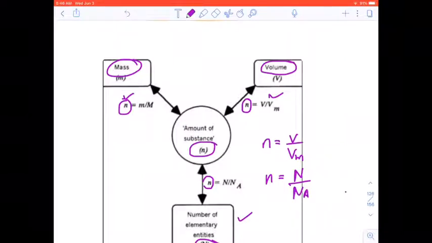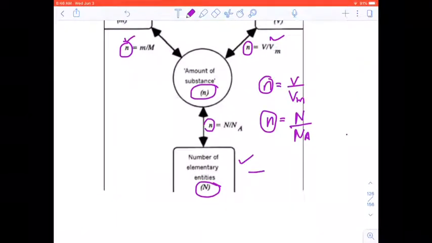So we know that that is equal to that, which would imply that we have V upon Vm is equal to N upon NA. So you could use this, right? This is just an algebraic exercise in the sense that if we are now given the volume of the gas and the molar volume, we can find out how many elementary units we have, right?